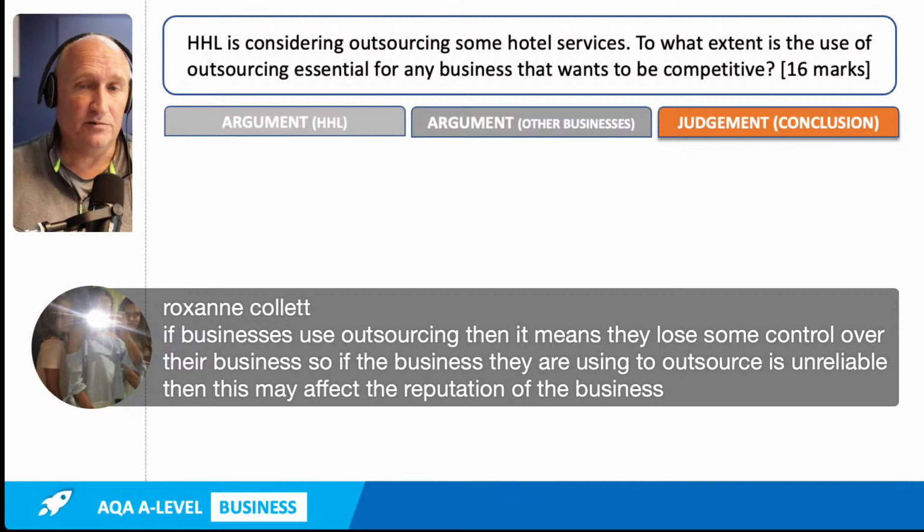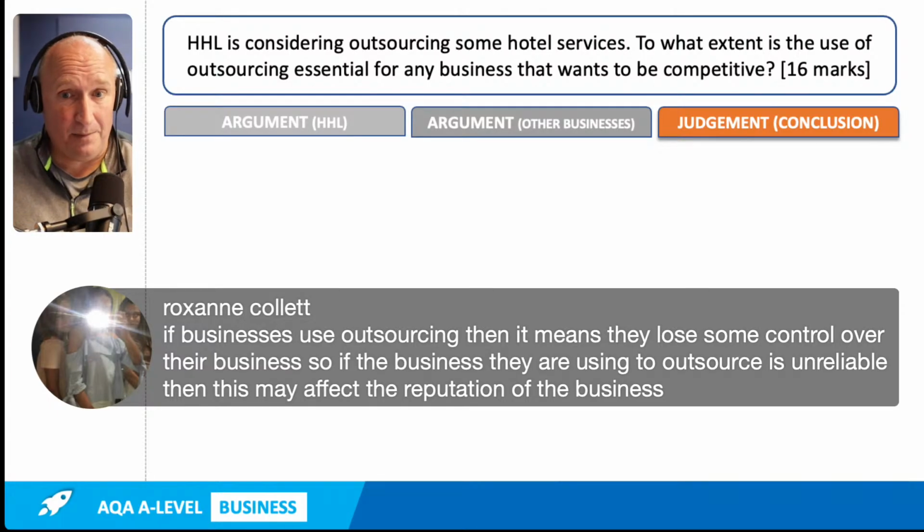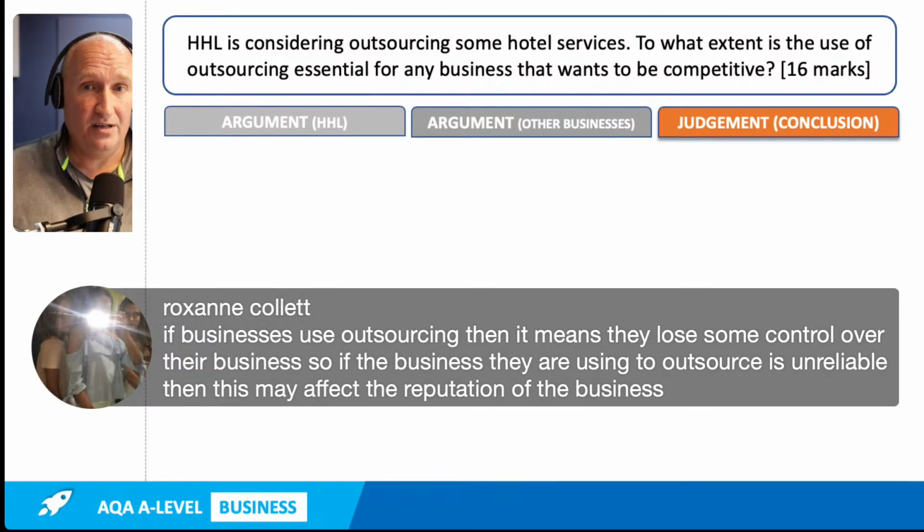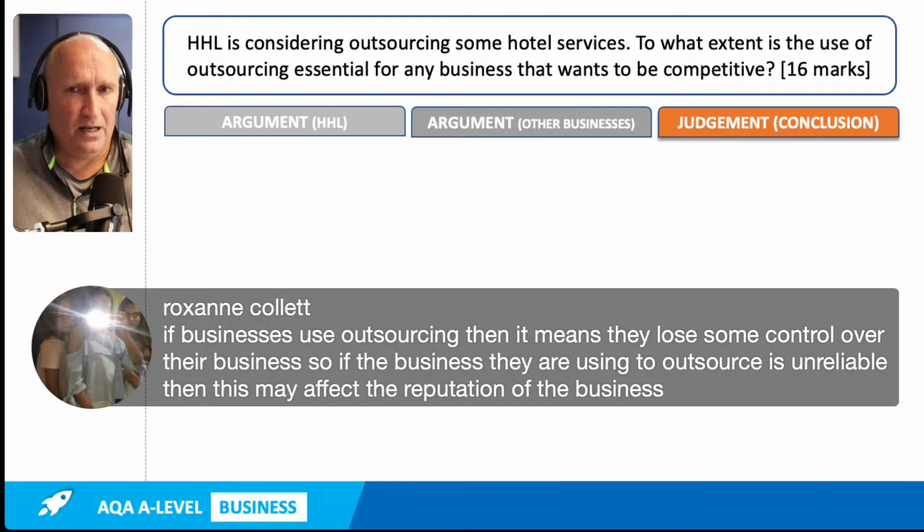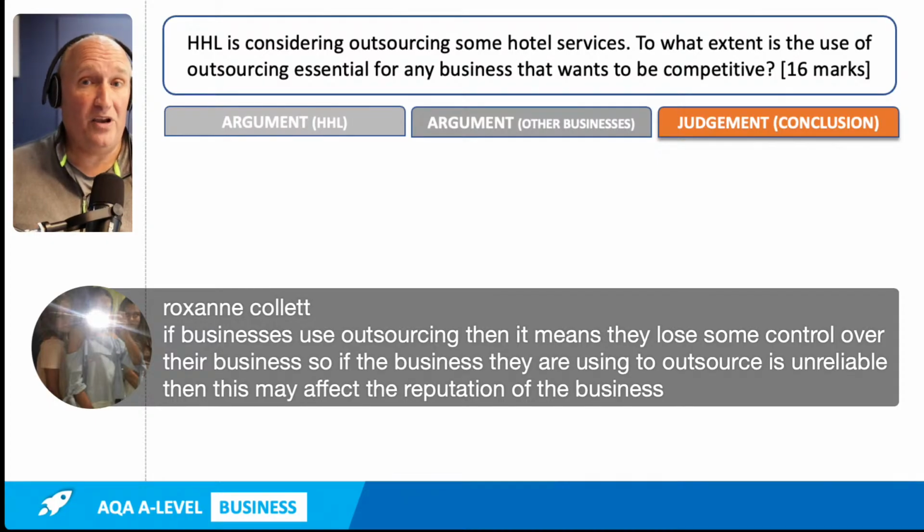Great example. Great argument. Now, what you'd need to do is to develop that, of course, with some context. So if you didn't have a specific example of how suppliers have damaged competitiveness, you might say, for example, outsourcing web hosting and systems hosting to a specialist supplier may reduce costs.